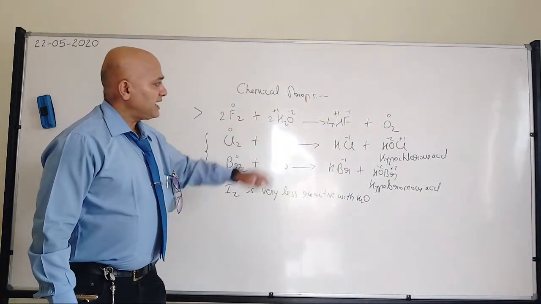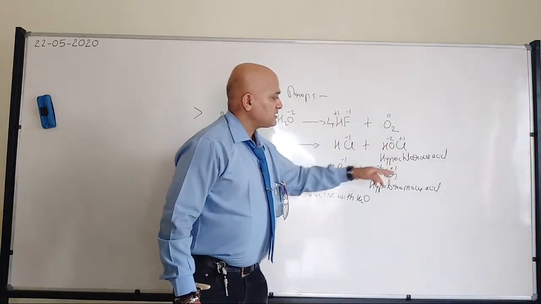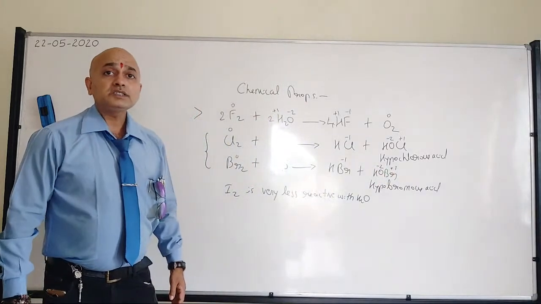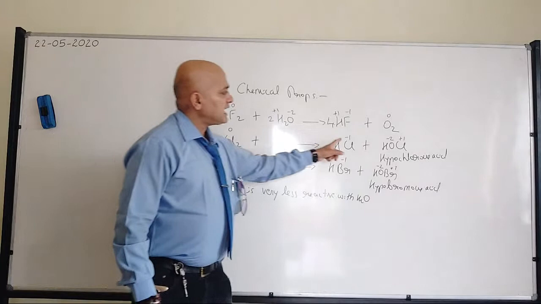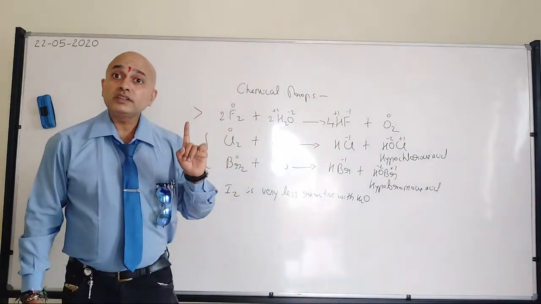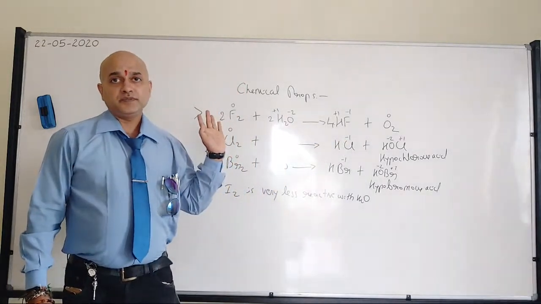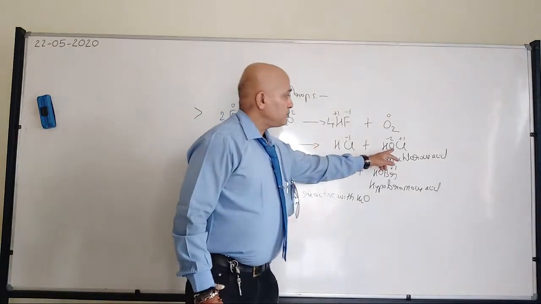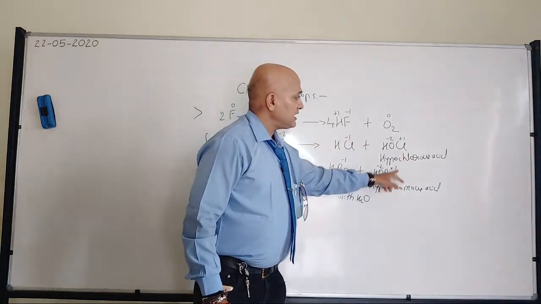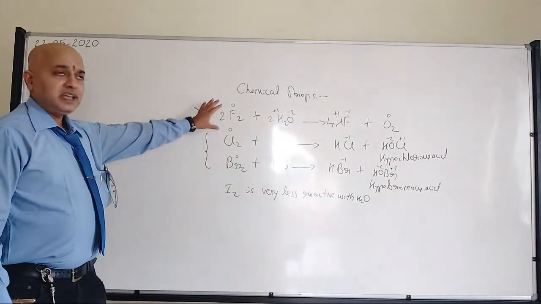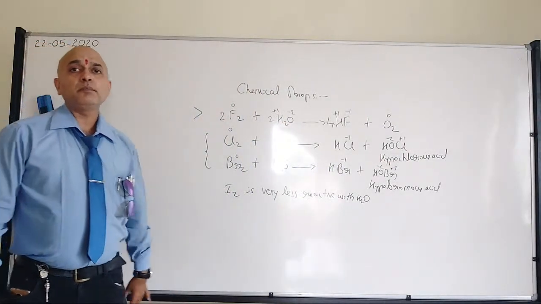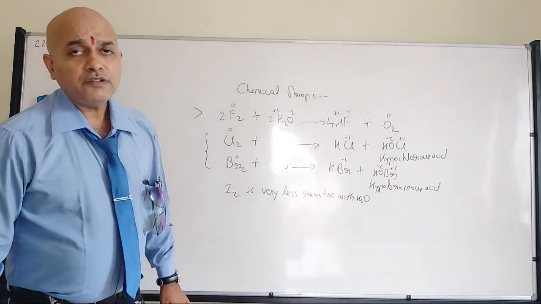So oxygen is -2, oxygen is -2. No change in the oxidation state of oxygen. But chlorine, yes, from 0 it has become -1 without disturbing the oxygen. Okay, but when it is bound with the oxygen, they will take the positive oxidation state. Fine, but fluorine, as usual, it's a big boss. Fine, all of you have understood?